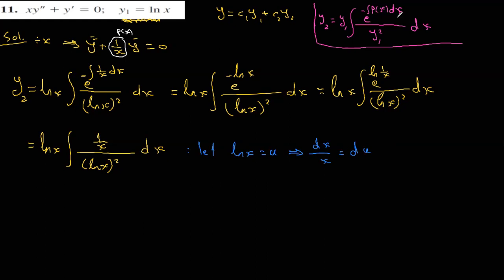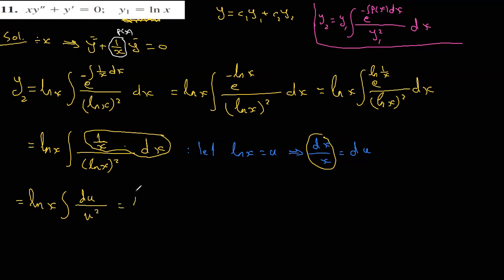Don't care about the function outside of the integral. So here integral, what about 1 over x times dx? Those are du. Here ln x squared, so it is u squared.